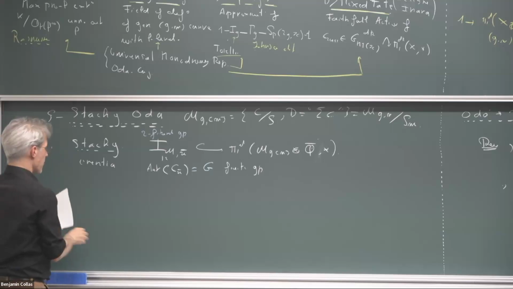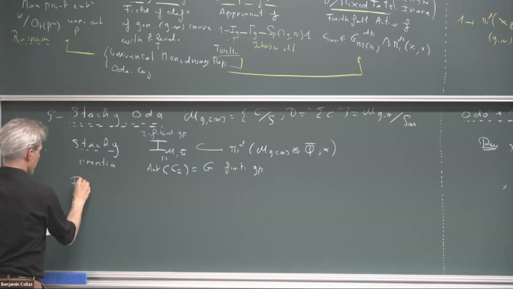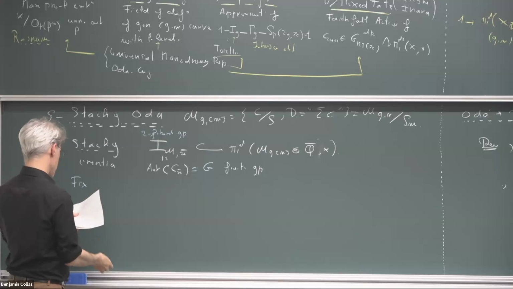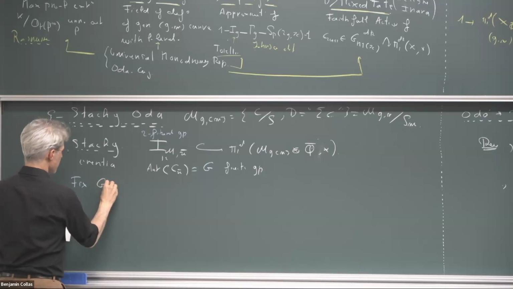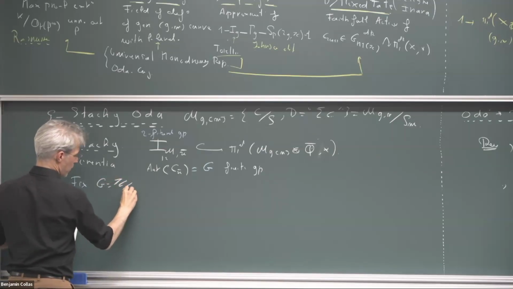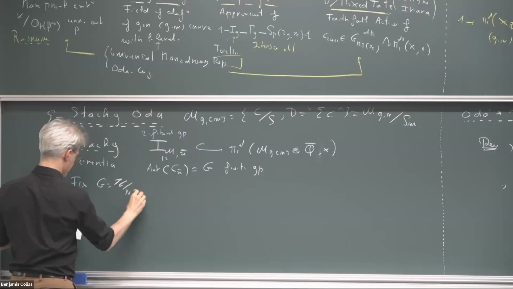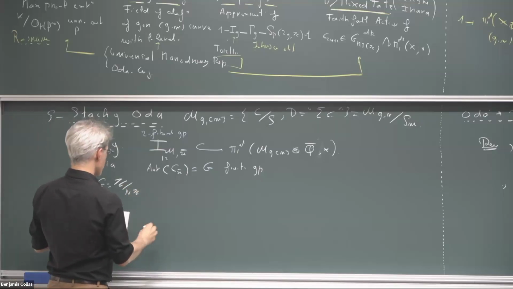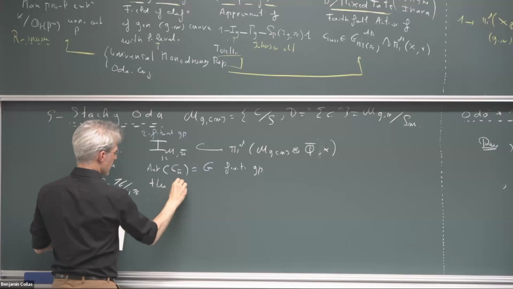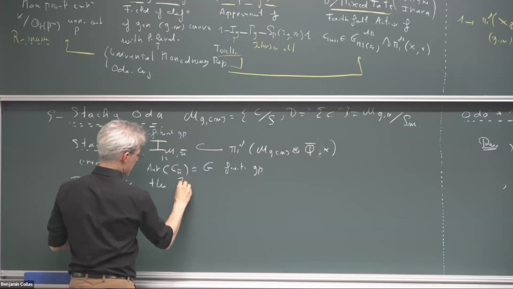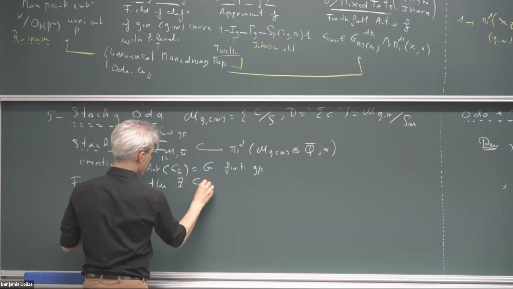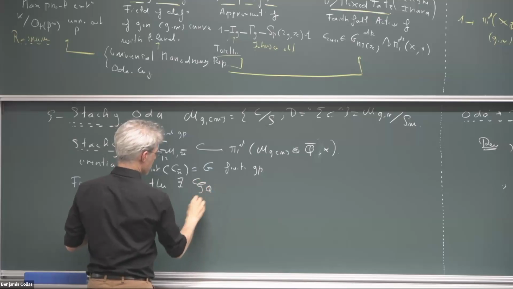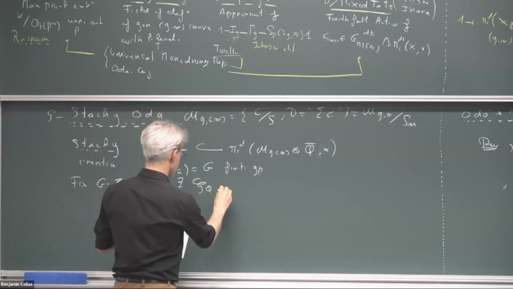So now for the next step of the rest of the talk, I will fix the group G to be cyclic. So I write it as Z over nZ. And what you can show is that there exists a certain kind of action of the absolute Galois group of the rational numbers.